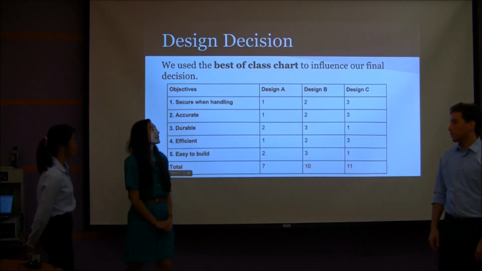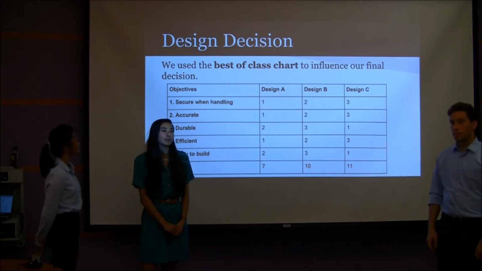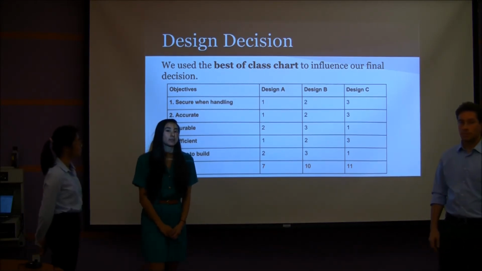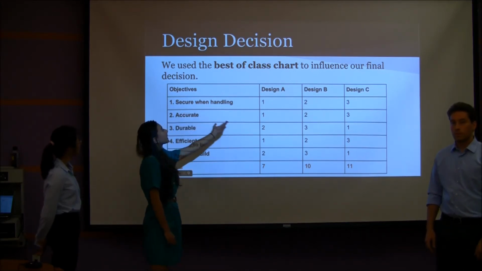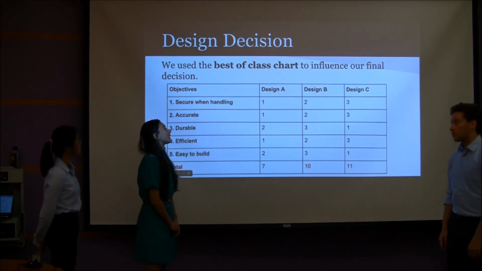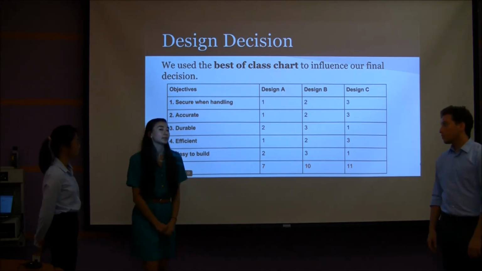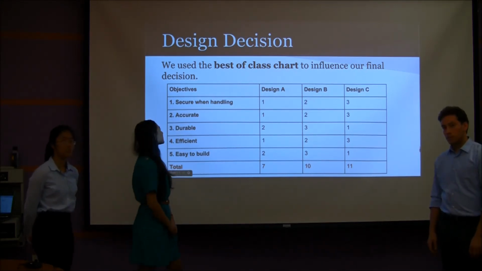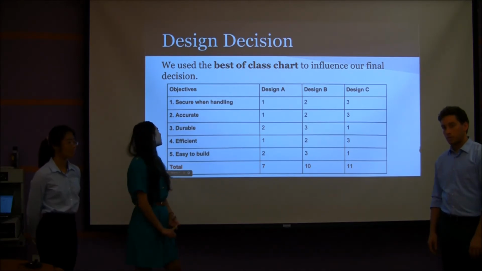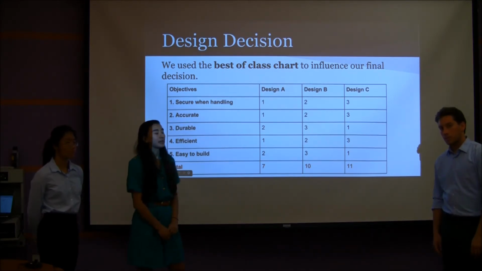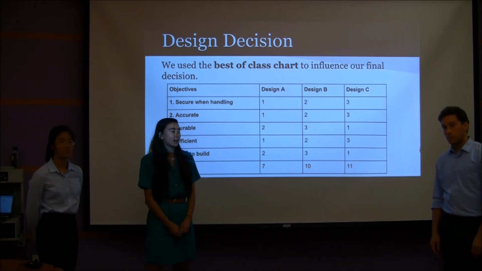We essentially used a best of class chart to decide which design to use for this project. Here we have our objectives, and on the other side of the chart are our 3 designs. We decided our most important objective was the secure when handling objective, followed by accuracy, durability, efficiency, and how easy it was to build the design.